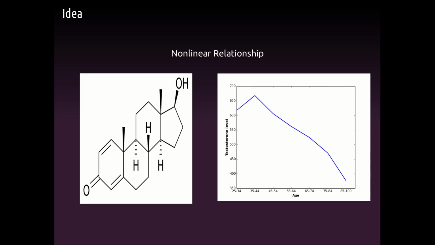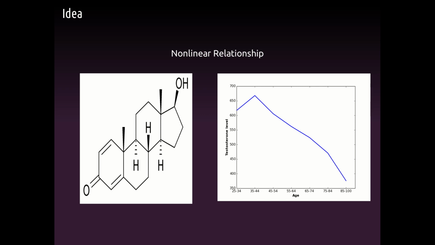As another example of nonlinearity between two variables, consider the concentration of testosterone hormone in a man's body. It is scientifically well known that the concentration of testosterone hormone in a man's body is increasing from the age of 25 to the age of 35, expressing this domain of the function.